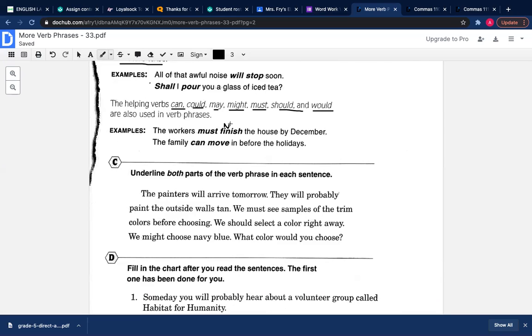Our main verb in the first one is finished. Must is our helping verb. That's an H. In this one, our main verb is move, and can is our helping verb because it helps this.